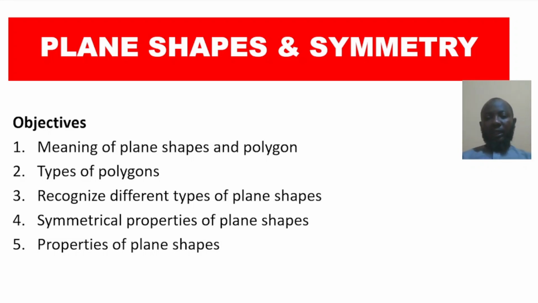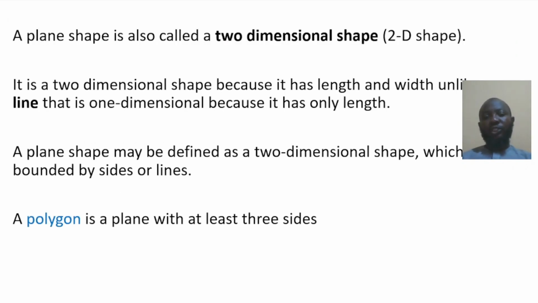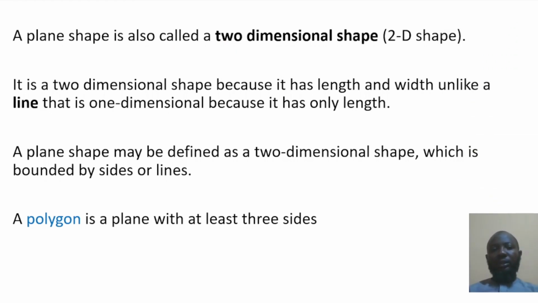Let's get started with the first one. So a plane shape is also called a two-dimensional shape. Why is it called a two-dimensional shape? Because it has length and breadth.